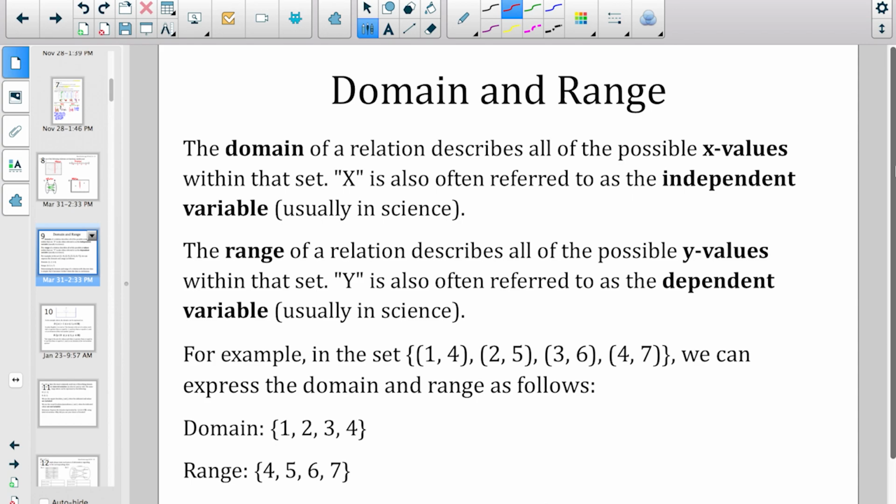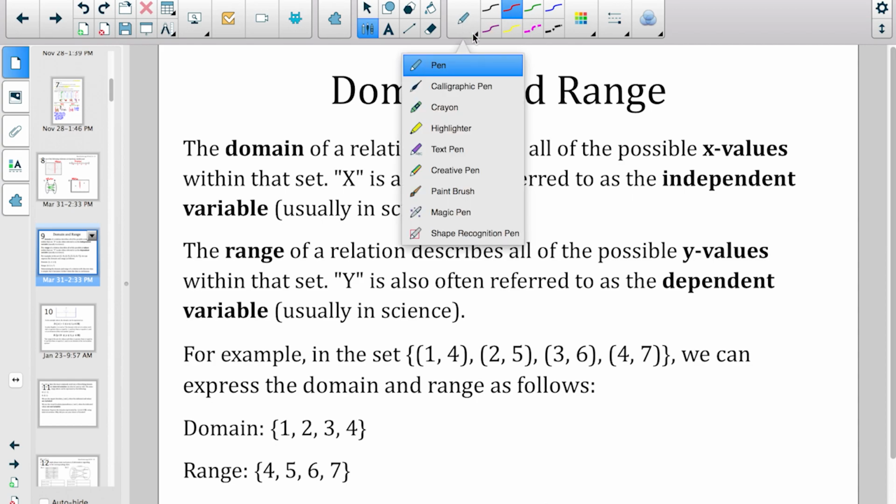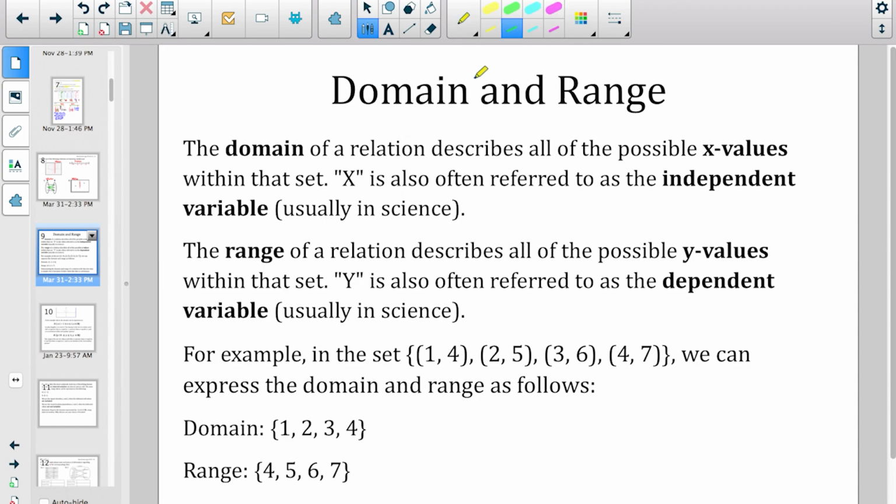And it's really important because it helps us set boundaries on what values are and aren't allowed.